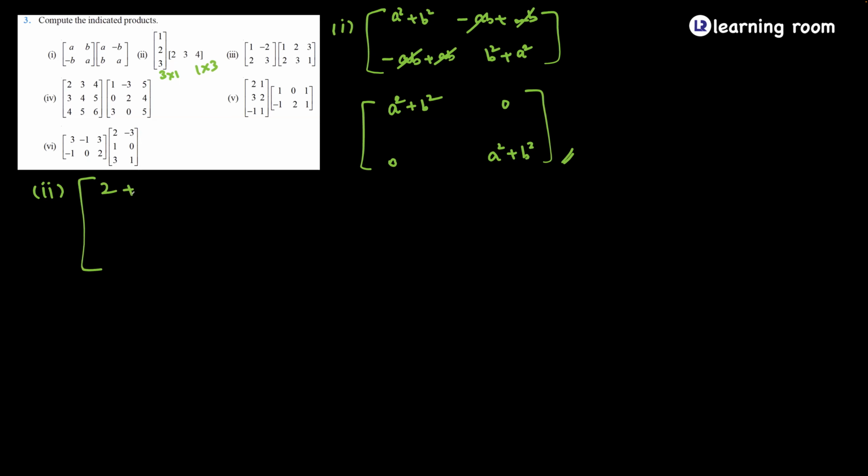We are taking the corresponding row and multiplying it with the columns. The operation is row by column: row elements multiplied with column elements and then added.